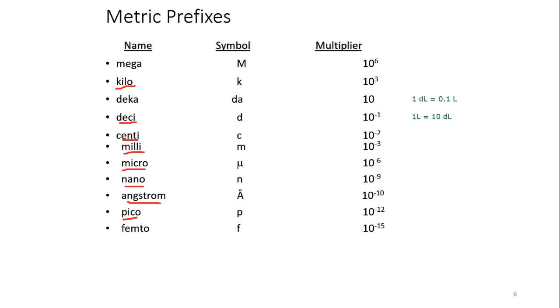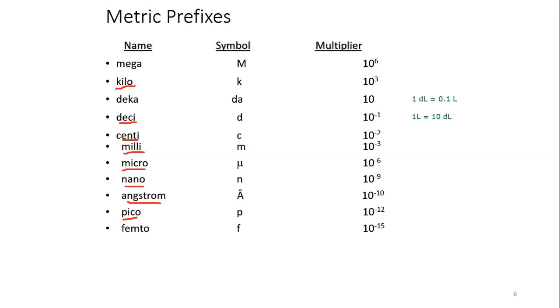So centi and milli we use a lot in the lab, centimeters for measurements of length, and milliliters for measuring volume. Micro typically we use for solutions, so we'll say a micromolar solution. Now the last 3, nano, angstrom, and pico, are used quite a bit, especially when we get to chapter 7, because those are usually units for bond lengths and wavelengths.